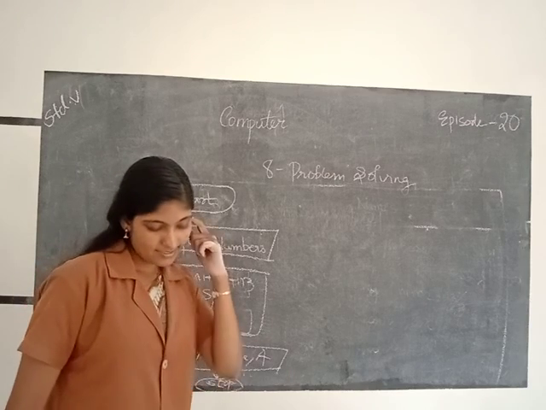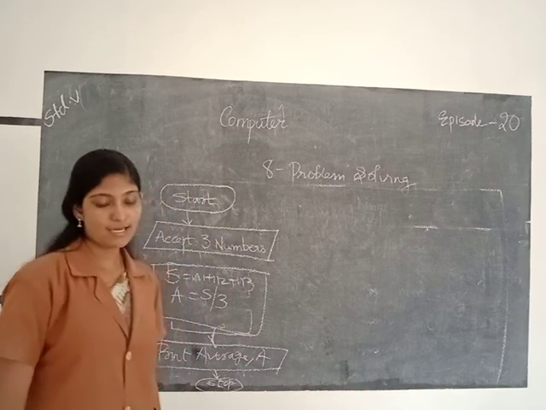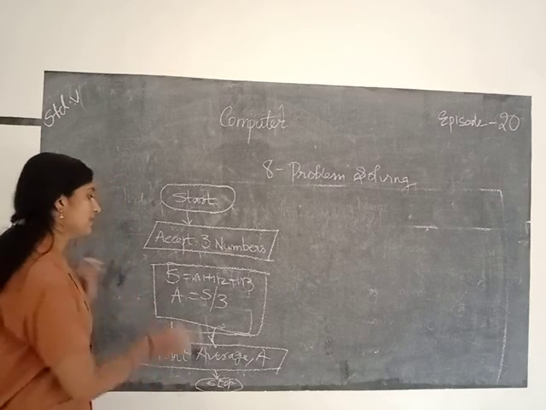And the last question: help Anjali to arrange the steps given below to create a flowchart to accept a number and print it only if it is negative.